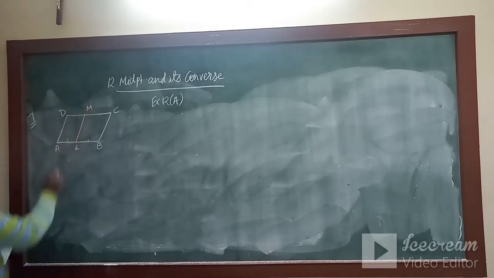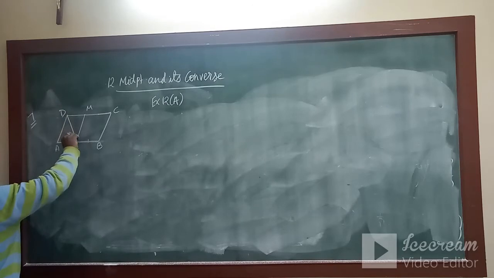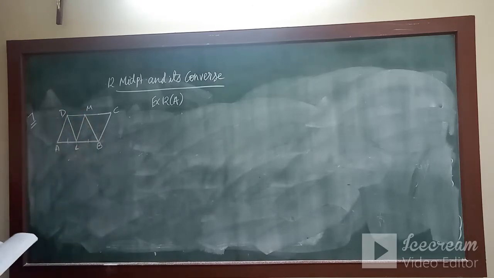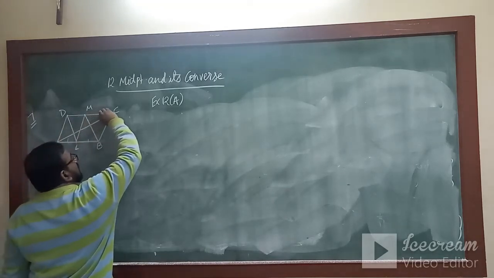So let's join them. Prove that the segments DL and BM trisect diagonal AC. So we will join AC.